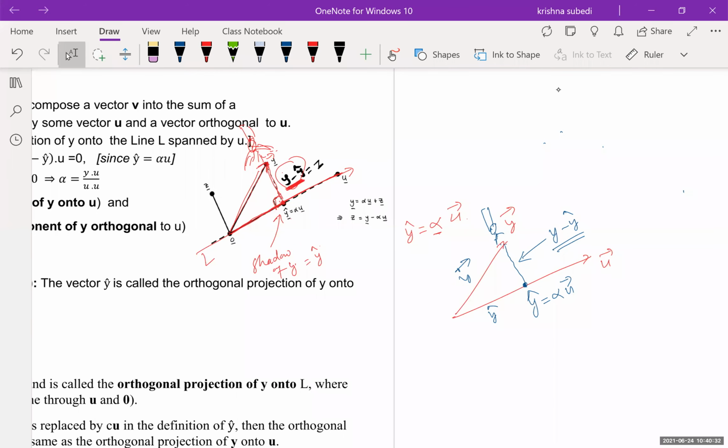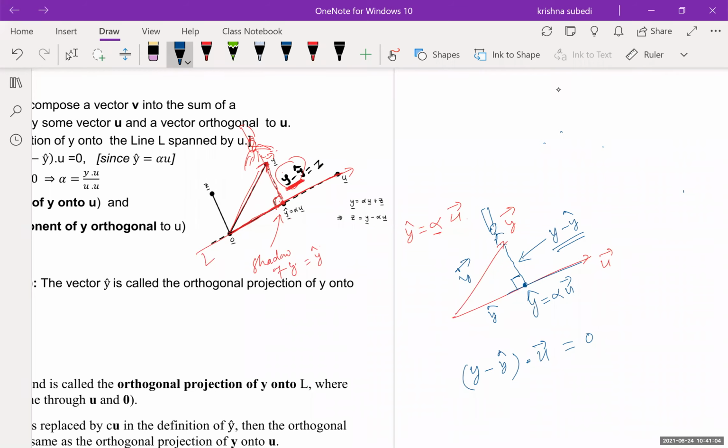Okay, now one thing. This one is your orthogonal projection, meaning perpendicular. So what I can write is that y minus y hat, dot product with u, must be 0.